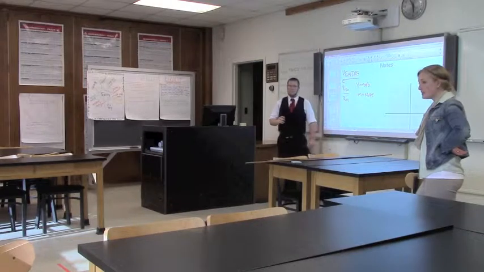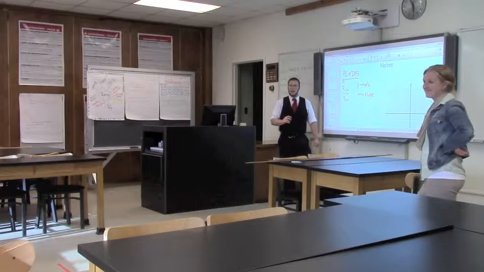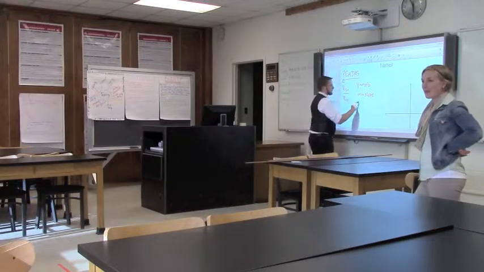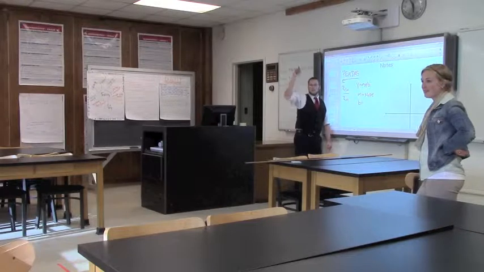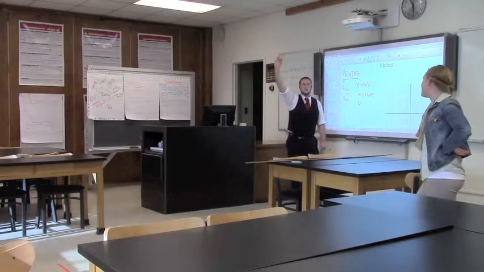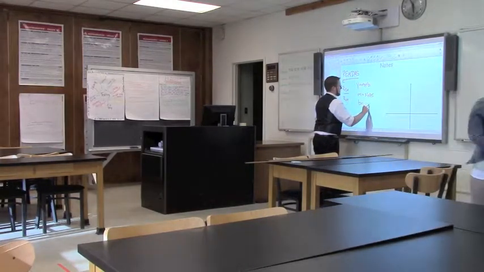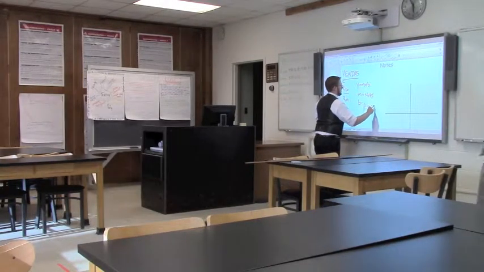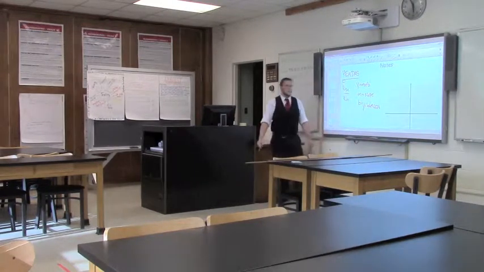And what's the b? It's called slope intercept form, so it's the y-intercept. So if you have the slope and the y-intercept, you should be able to graph.